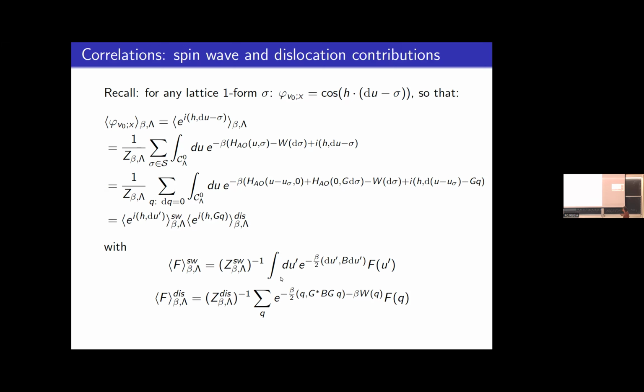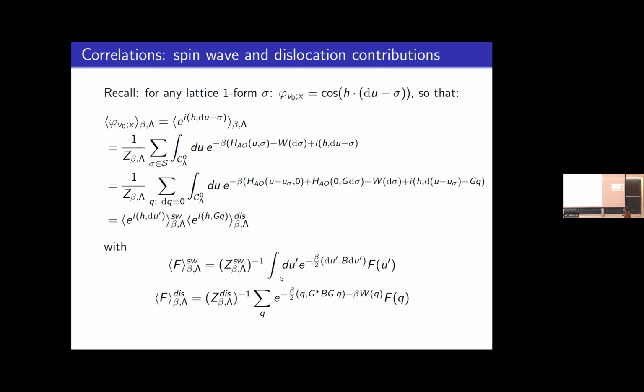So you get that the average of the cosine is the same as the average of this complex exponential. So far, so good. So this is, modulo some typos, the expression.